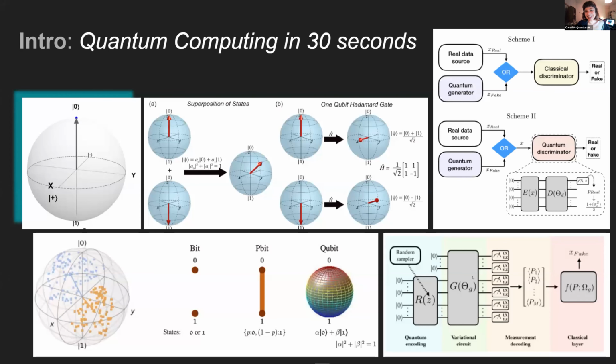30 seconds, quantum computation intro. Like those things here, those are qubits. So instead of classical bits where you only have 1 and 0 for computation, you have qubits with the whole phase space. So in principle, there are endless states one qubit can have.